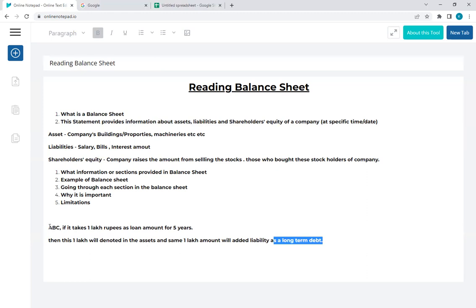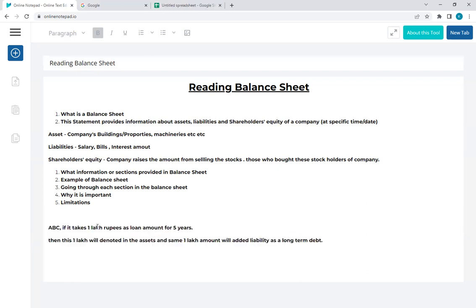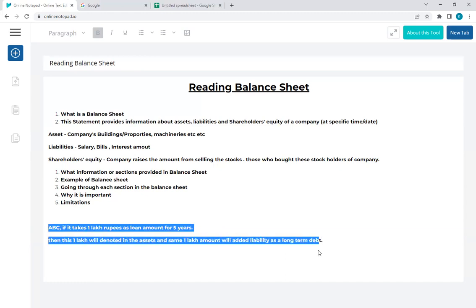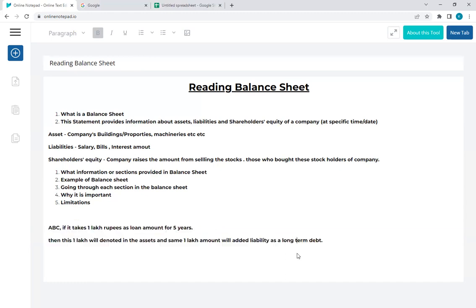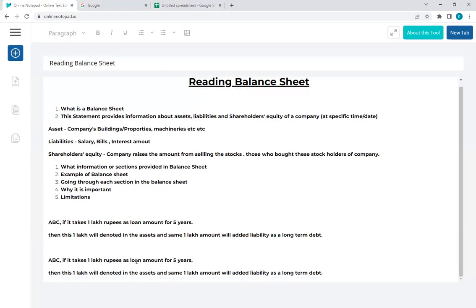Similarly, let me tell you another case. If the same company raises 1 lakh rupees from the shareholders instead of a loan, by selling stock, then this 1 lakh will be denoted as an asset, the same as here.